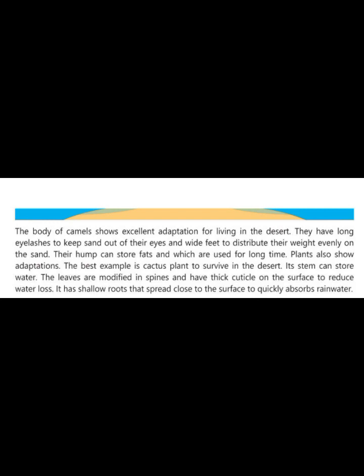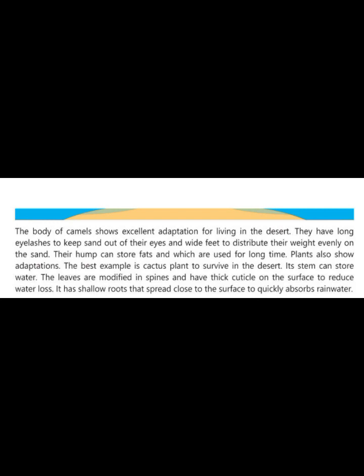Again, the body of the camel shows excellent adaptation for survival in the desert. They have long eyelashes. This is another adaptation. They have long eyelashes to keep the sand away from their eyes. That is why they are known to walk in the desert or on sandy areas.